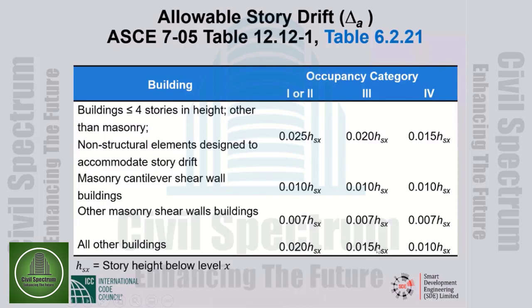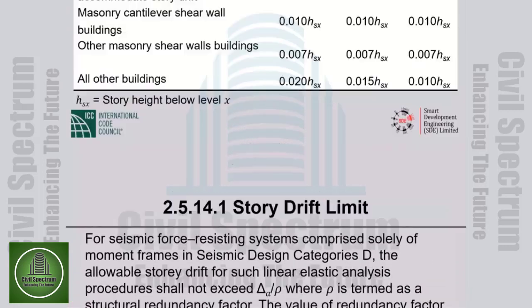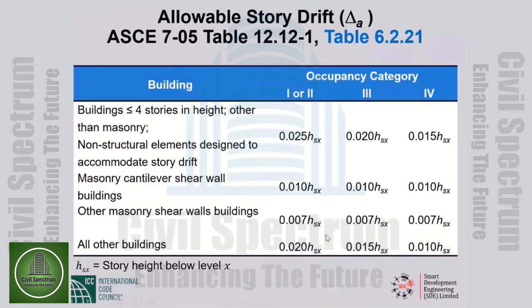For an assembly building like a school, it is 1.5% of story height. For a hospital, police station, fire station, essential facilities, it's 1% of story height. So this limit is exactly 1/2 of what we would allow in an office building, for instance.